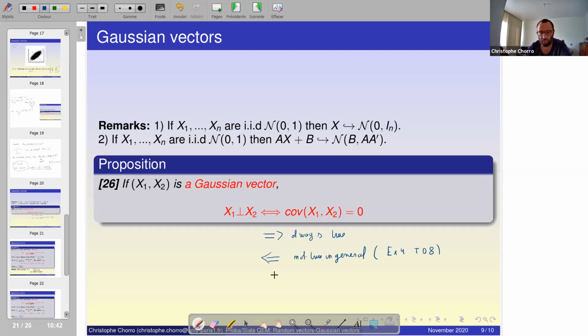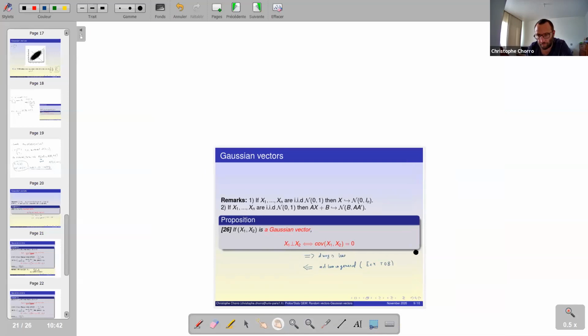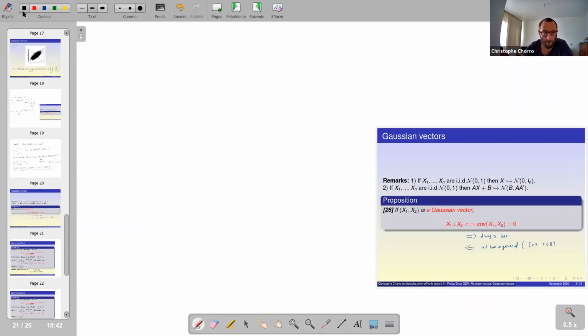You will see that the proof won't be complicated here.